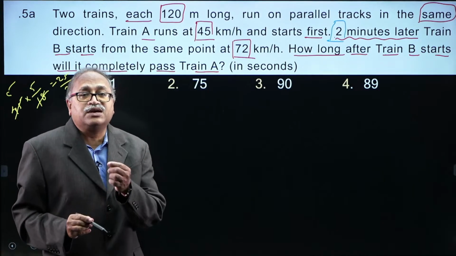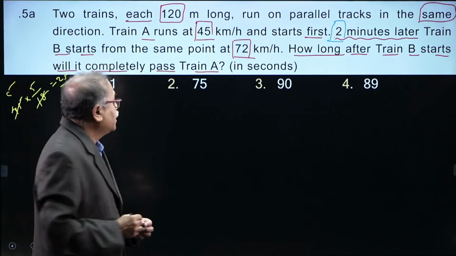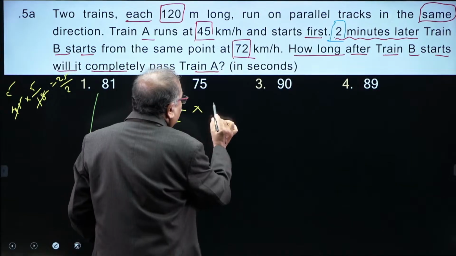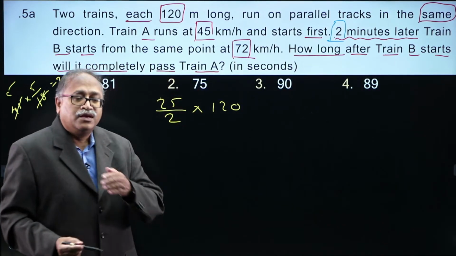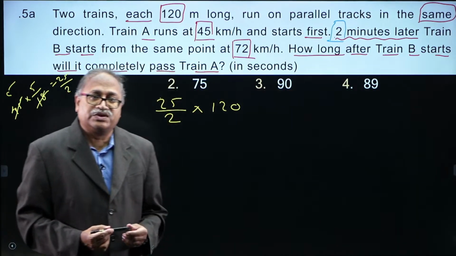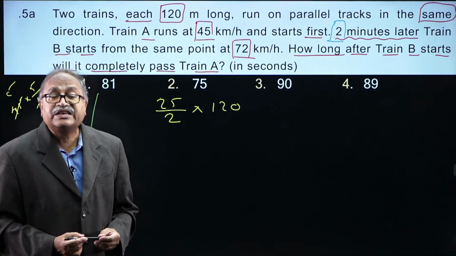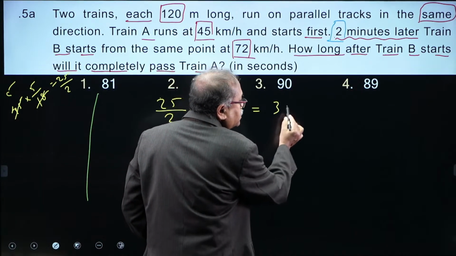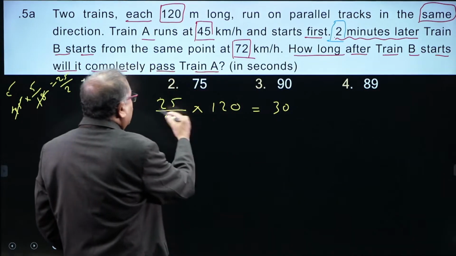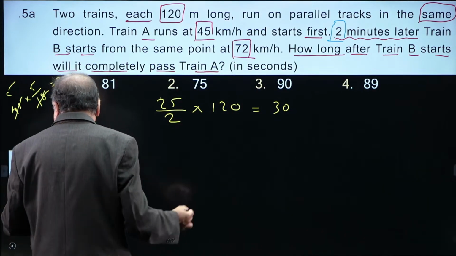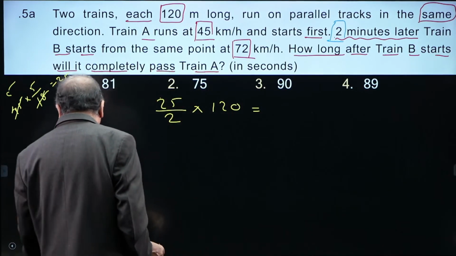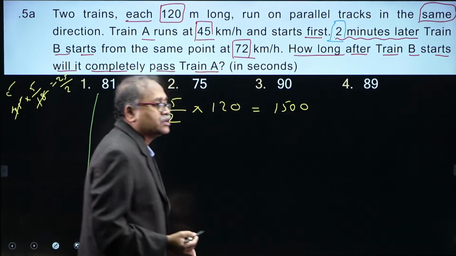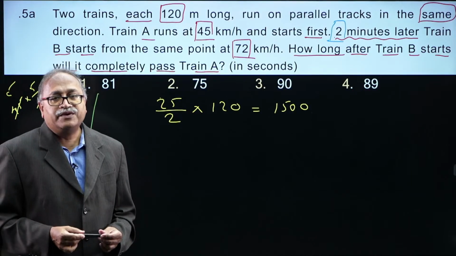In 2 minutes, that is 120 seconds. So, that is 25 by 2 into 120 seconds. How many meters does train A move from the starting point? That gets cancelled by 60, and that gives us 6 and 25, 150, 1500 meters. Right, my dear friend?